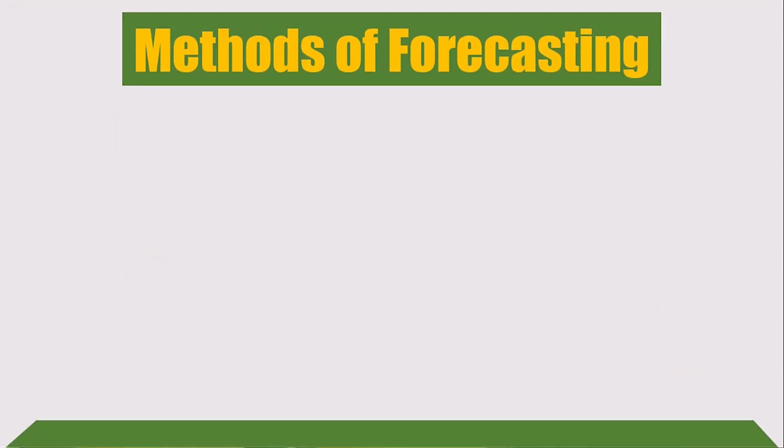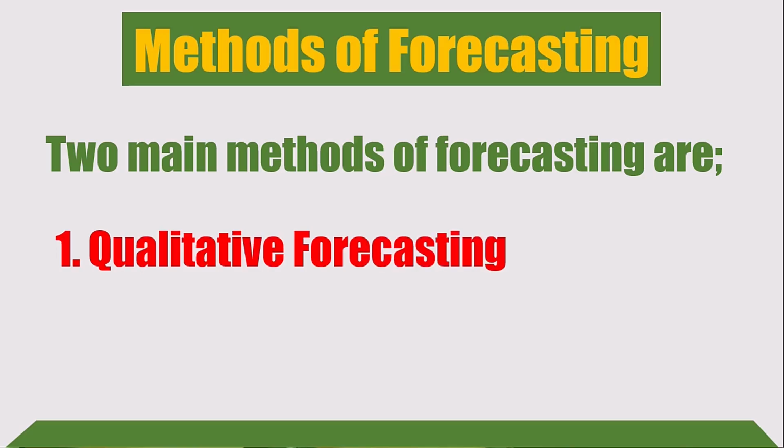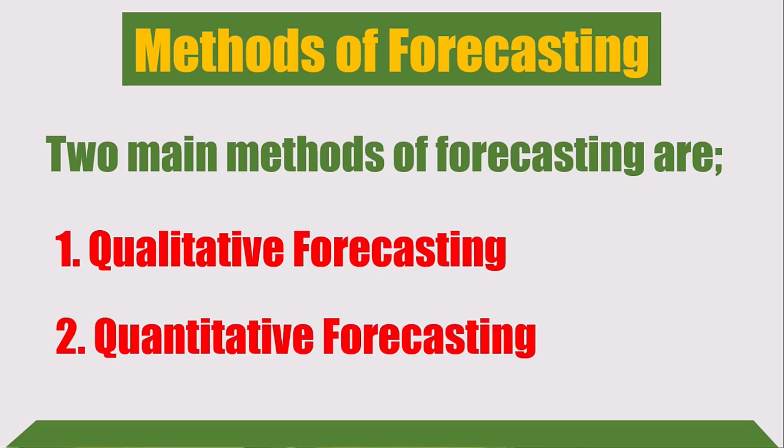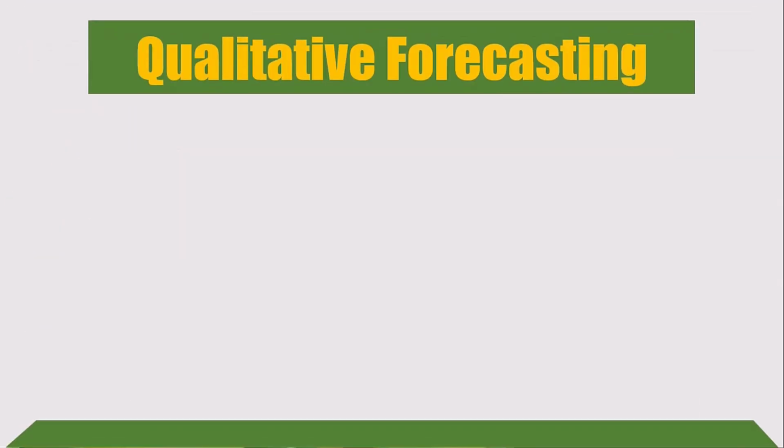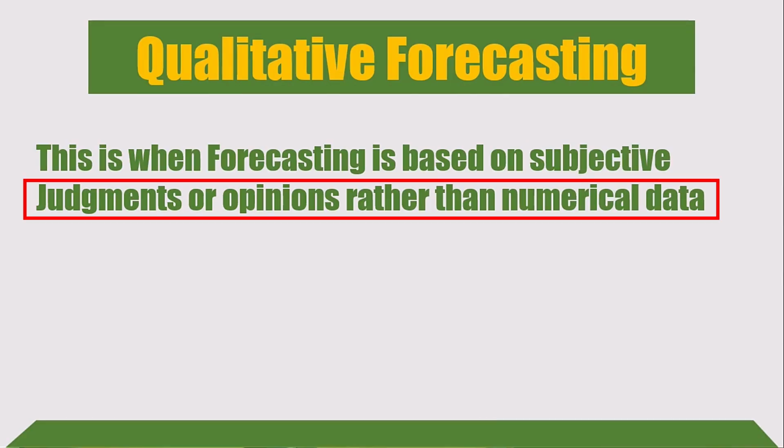Now, talking about methods of forecasting, let's see the two main methods of forecasting. We have qualitative forecasting, and we have quantitative forecasting. Now let's dive a little bit deeper into each of them. Let's start with qualitative forecasting. What exactly is qualitative forecasting? This is when forecasting is based on subjective judgment or opinions rather than numerical data.